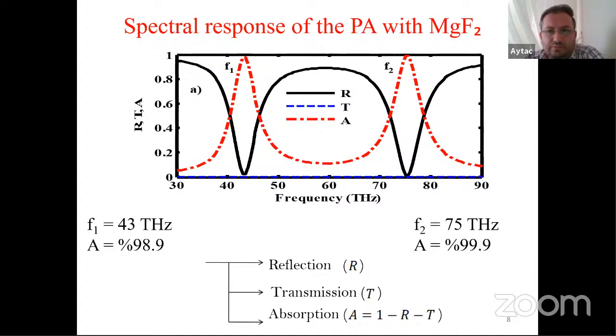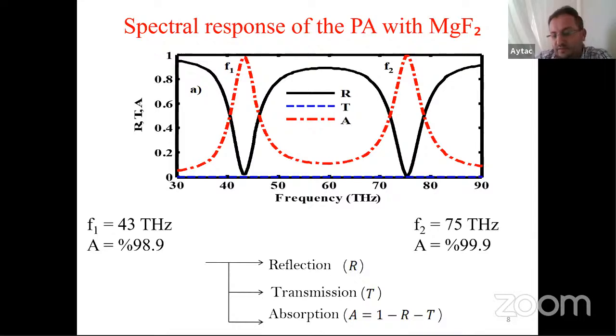If we use magnesium fluoride, at the first resonance and the second resonance, absorption rates are nearly unity, and we can get absorption rates with this formula: 98.9% at the first and 99.9% at the second resonance frequencies.